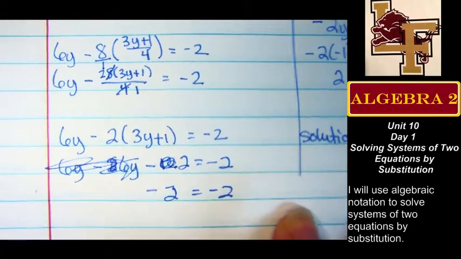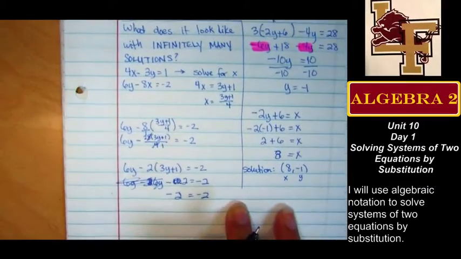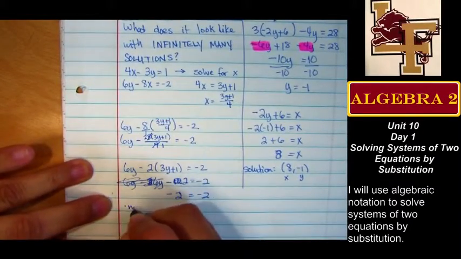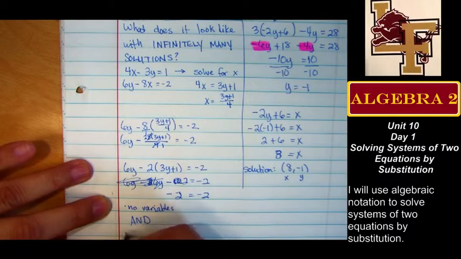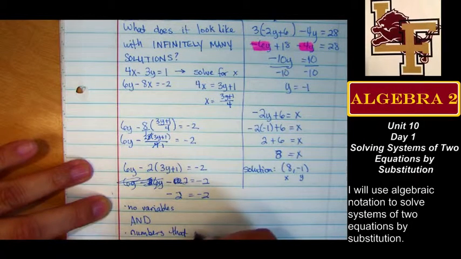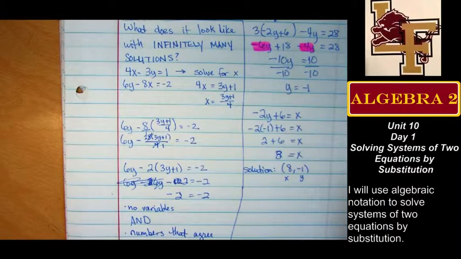So when we have infinitely many solutions, your algebra scribbly gross work is going to look like no variables and numbers that agree. And it didn't matter whether you solved for x first or you solved for y first. It'll somehow end up looking like this.